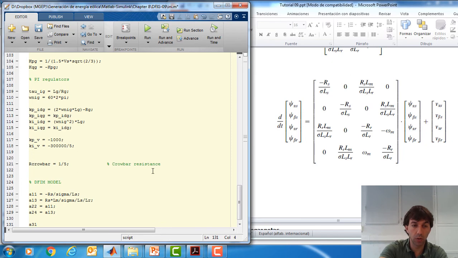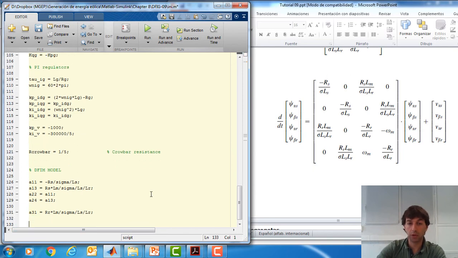A31 is going to be equal to something very similar to this one, no? The same structure, very similar structure, but in this case, the rotor resistance is there.